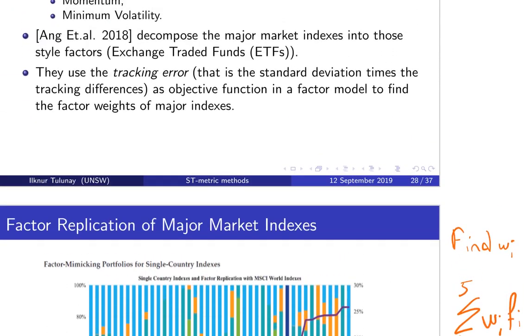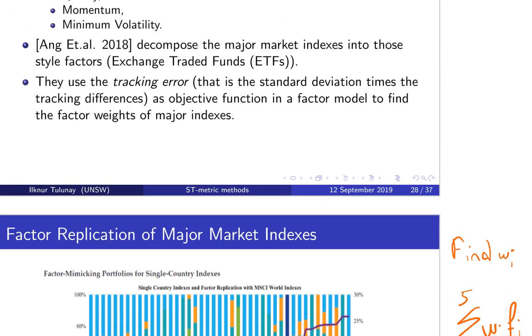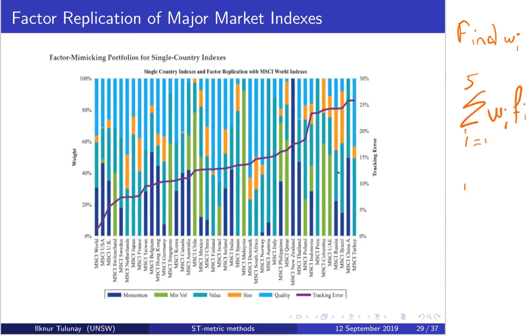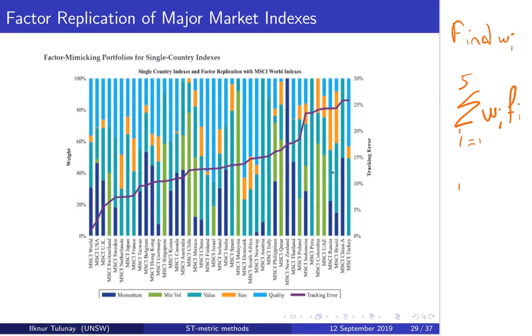They are looking at the tracking error for their calculations, and calculate the W's. So these basically correspond to the weights of these factors in products, finance products.